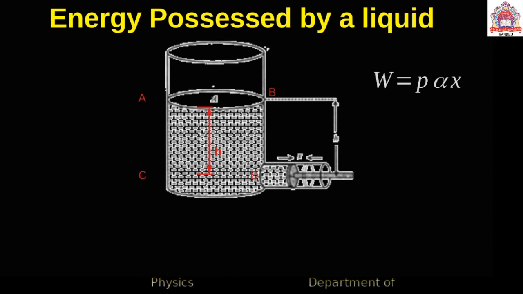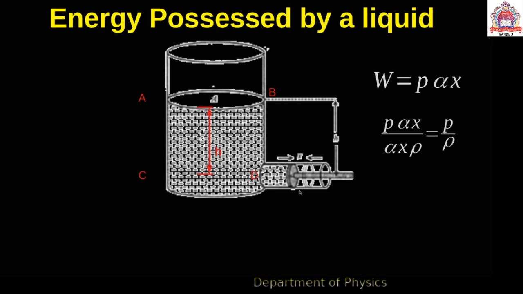When we are escaping from the tank, what action takes place? The amount of work is done pushing the piston back. So thus the pressure energy per unit mass of the liquid is P by rho. So P alpha x divided by alpha x rho.